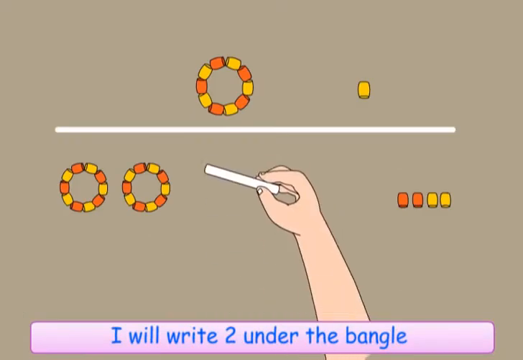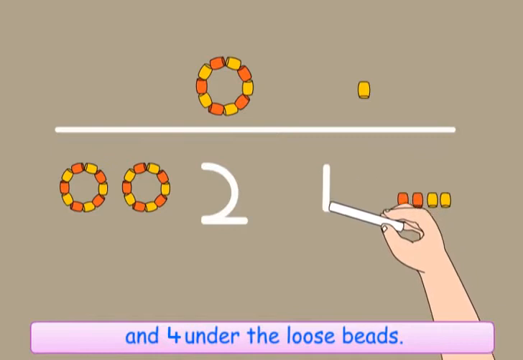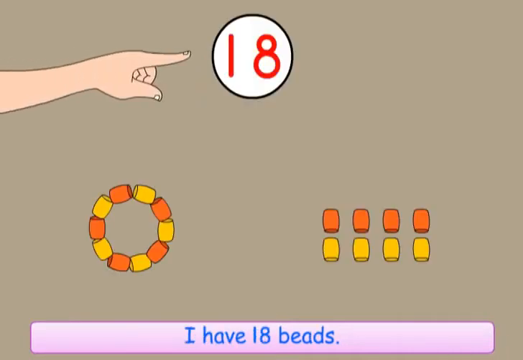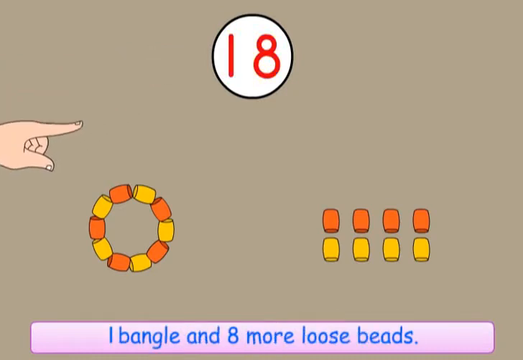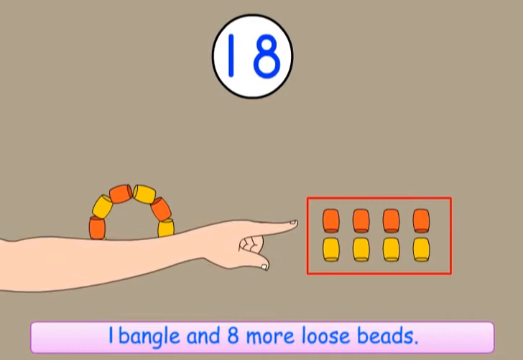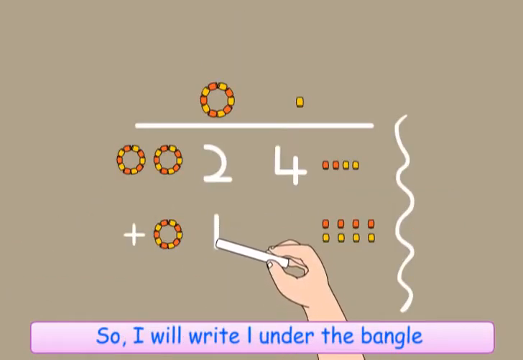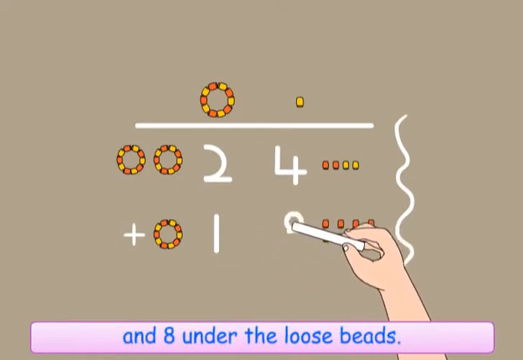I will write 2 under the bangle and 4 under the loose beads. I have 18 beads, 1 bangle and 8 more loose beads. So I will write 1 under the bangle and 8 under the loose beads.